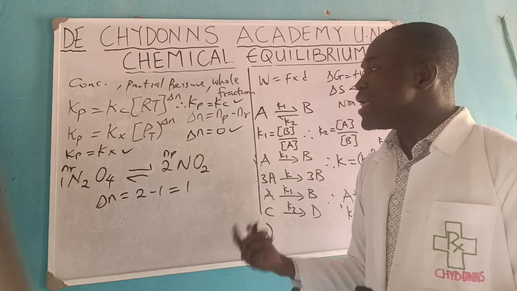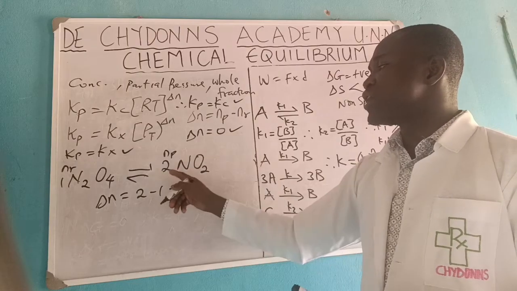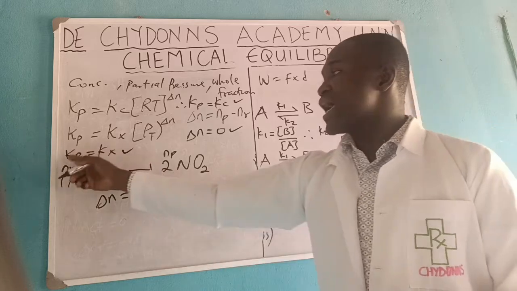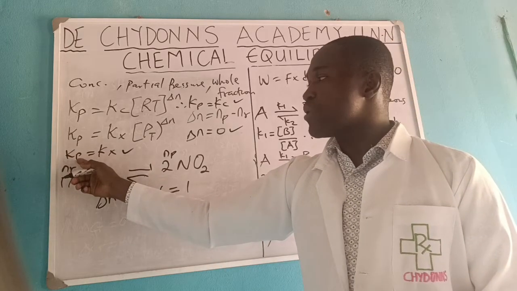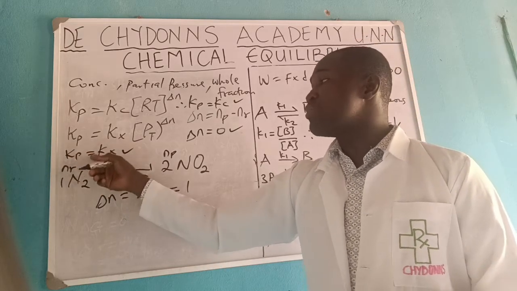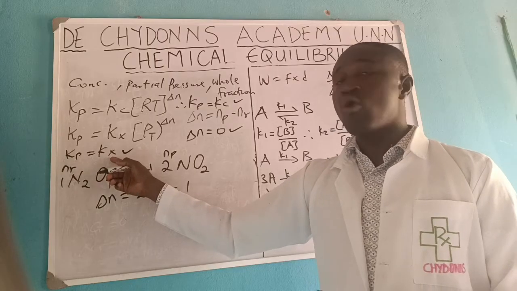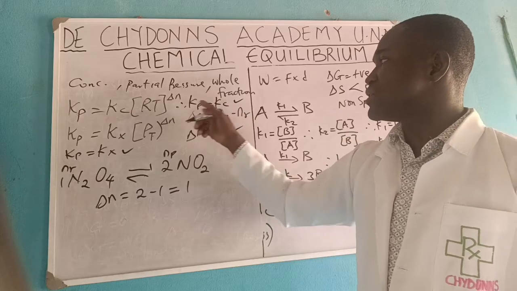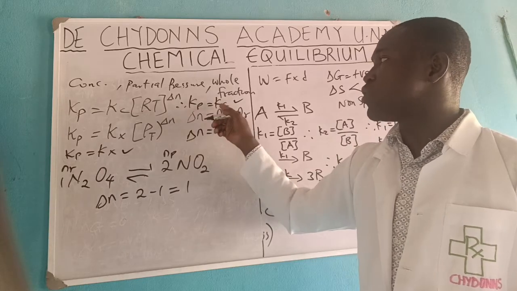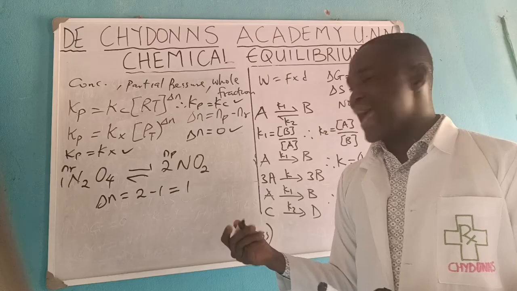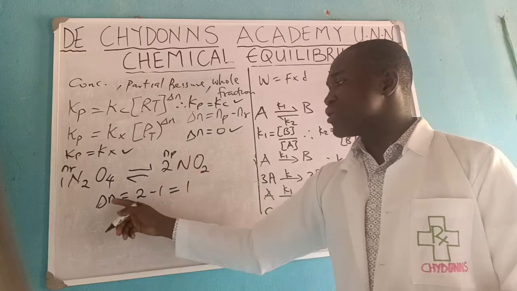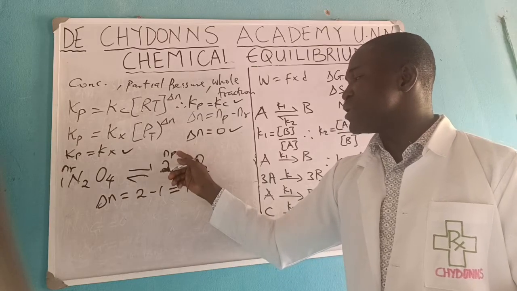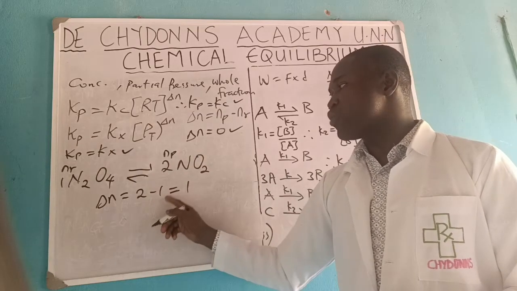That means for change in n to be equal to 0, here should be 1 and here should be 1. Then we now say that Kp, the equilibrium constant with respect to partial pressure, must be equal to Kx, with respect to mole fraction, or Kp must be equal to Kc, the one with respect to concentration. Are you getting it? So that is how to get your change in n: it is n of products minus n of reactants, 2 minus 1 equal to 1.